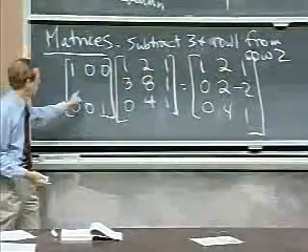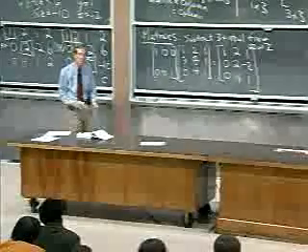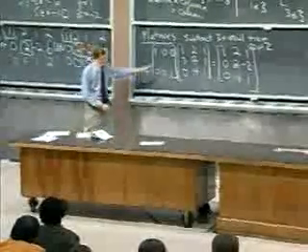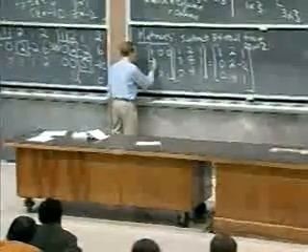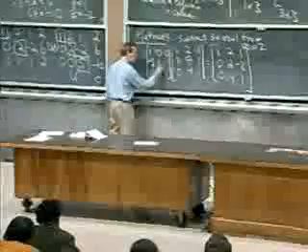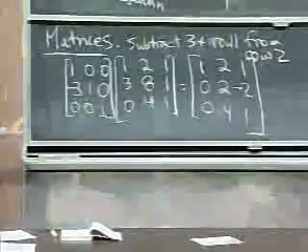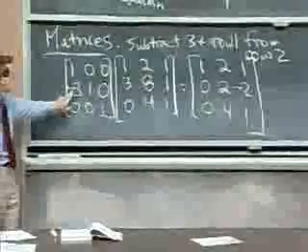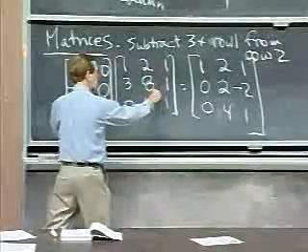So what's the right matrix, finish that matrix for me. -3 goes here. And what goes here? That 1. And what goes here? The 0. That's the good matrix. That's the matrix that takes -3 of row 1 plus row 2 and gives the new row 2.